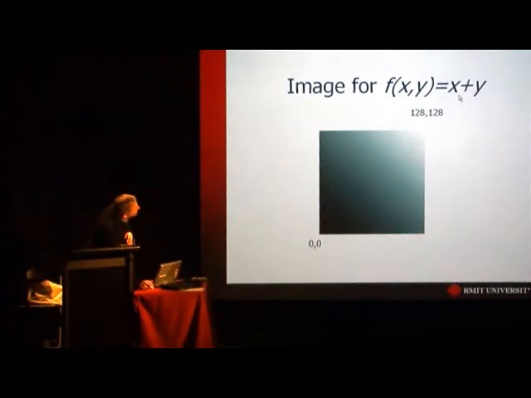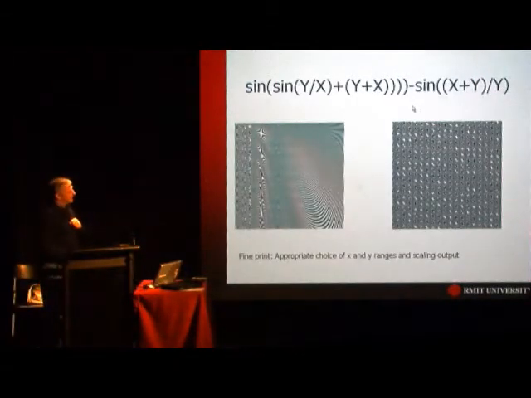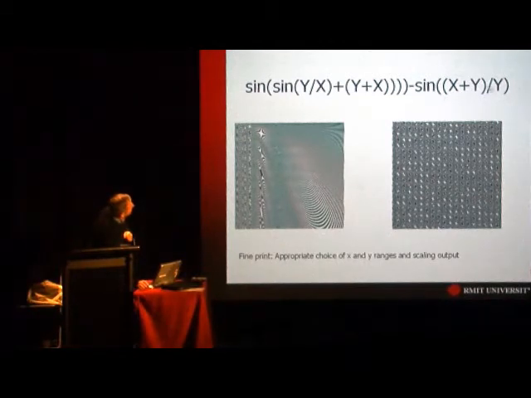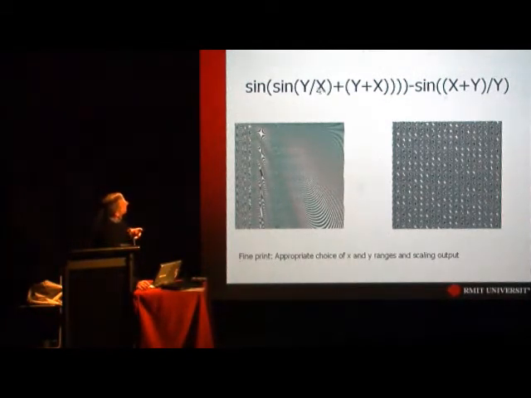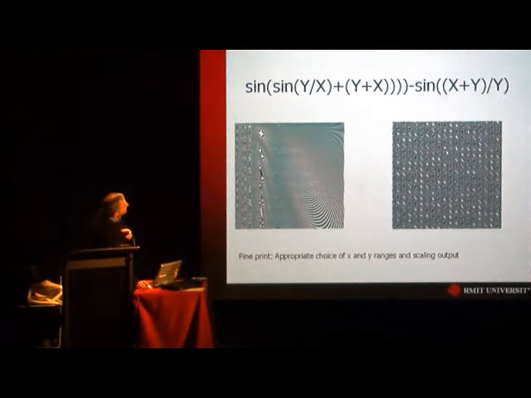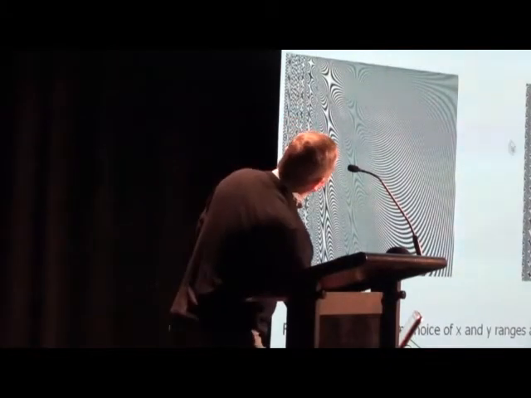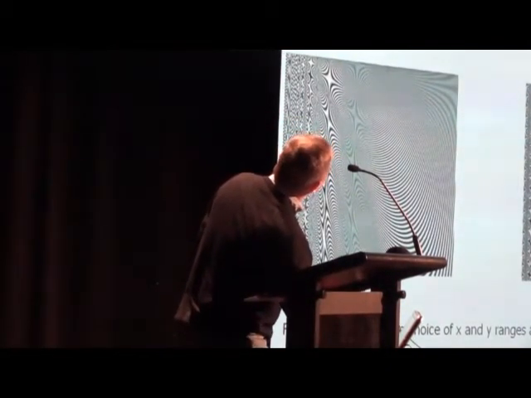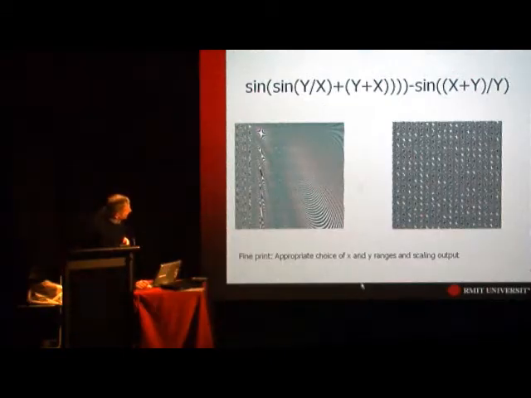So this gives us a basic mechanism for having a formula and getting an image from it. What if our function was a bit more complex? So if our function looked like this, so we've still got just x and y, one of these images, and I can't remember which one, comes from this formula. So there's a little bit of fine print here, of course.